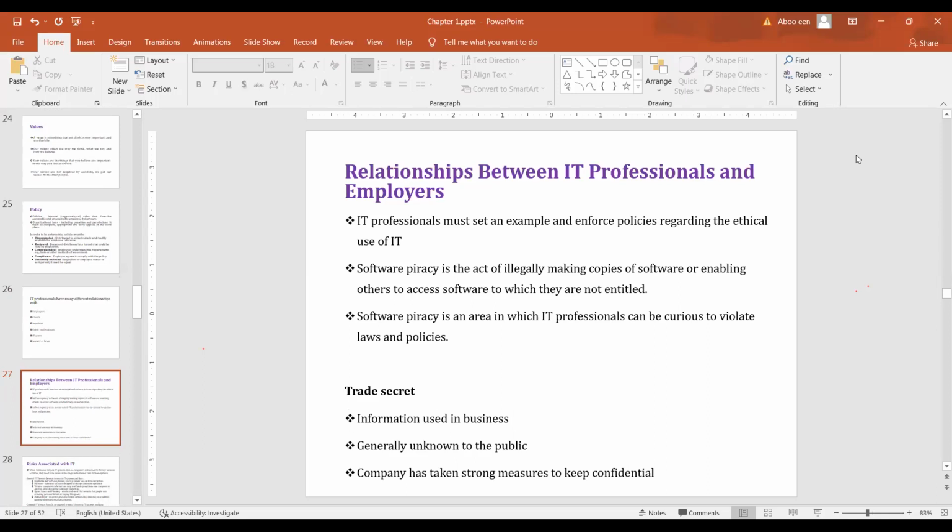When IT professionals and employers, the job providers, have a relationship, what sort of things have to be considered? IT professionals must set an example and enforce policies regarding the ethical use of IT.